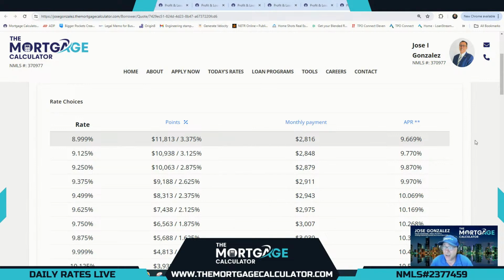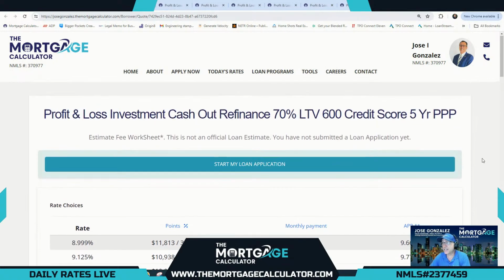And you can buy that down all the way to 8.999 at a cost of 3.375 points. And again, keep in mind, this is for a cash out refi investment with a 600 credit score with a 5-year prepayment penalty. So again, some amazing rates shown to you today on the P&L loans.